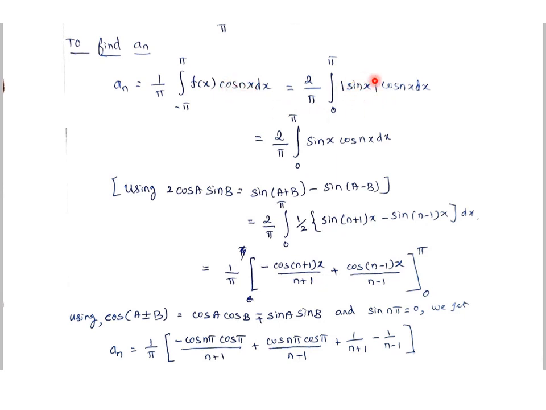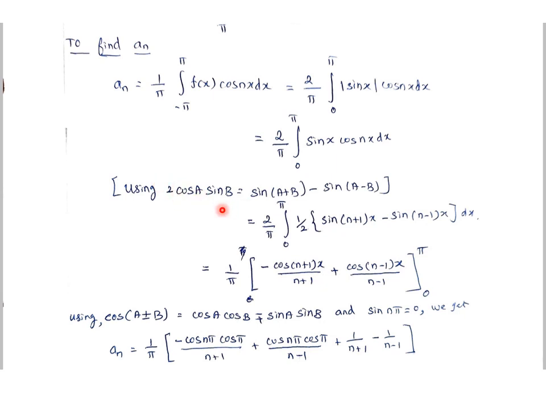Therefore, modulus of sin x into cos nx is an even function. Hence, minus pi to plus pi is written as 2 into 0 to pi. This is equal to 2 by pi integral 0 to pi modulus of sin x cos nx dx. In this region 0 to pi, modulus of sin x is equal to sin x. Therefore, sin x into cos nx dx.